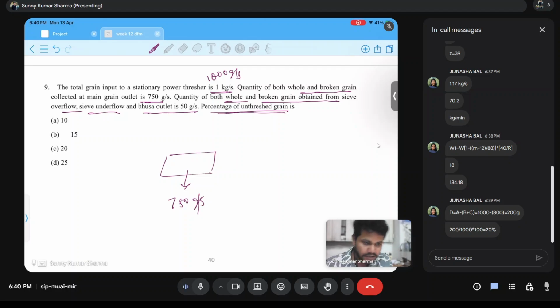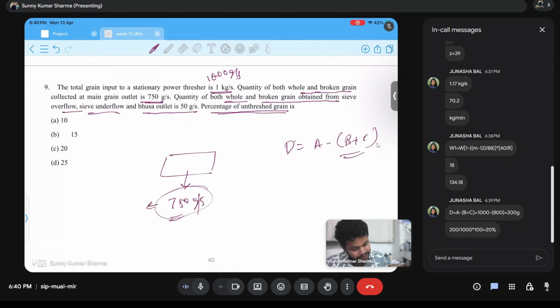Yes, you are saying D is equal to A minus B plus C. That is 1000 minus 800 is equal to 200. So yes, you are correct. We can use that above formula also. Or you can also think that 750 gram per second is both whole and broken grain, so this is actually threshed grain.